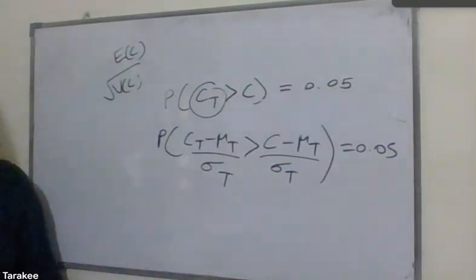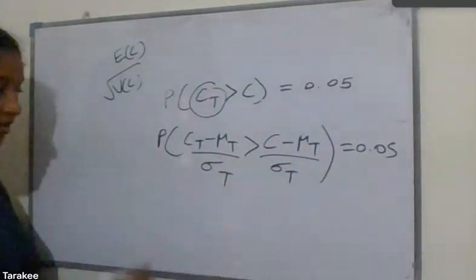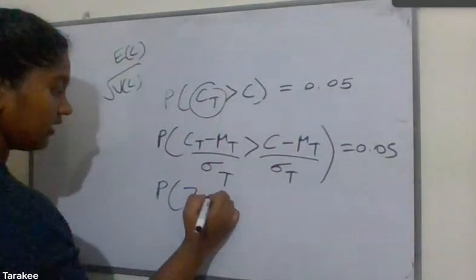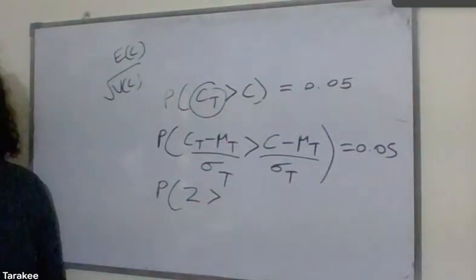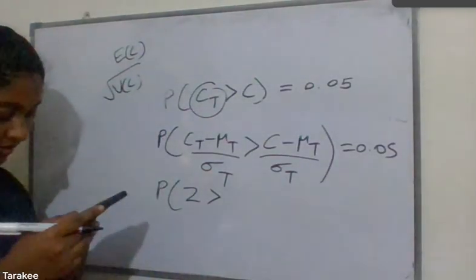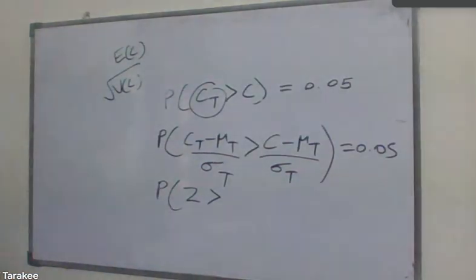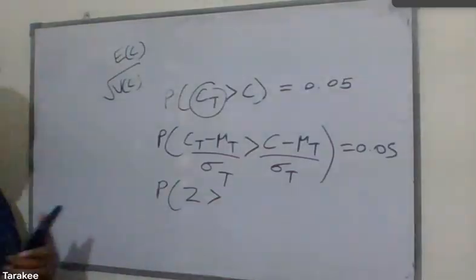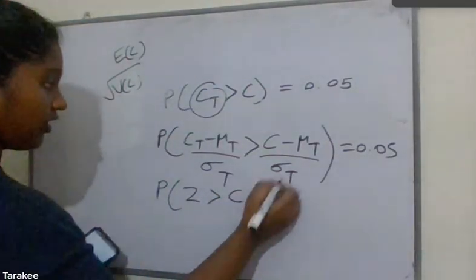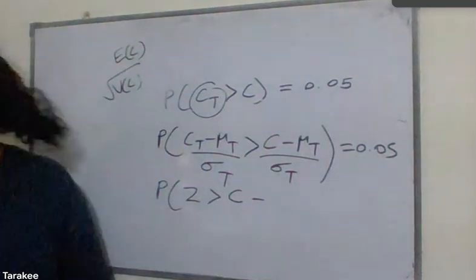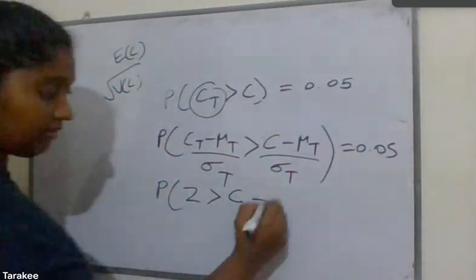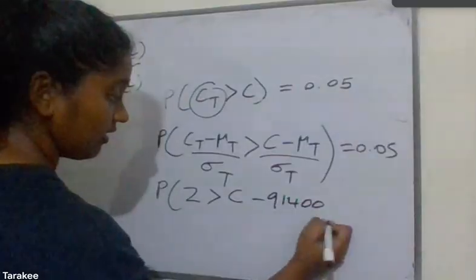Now here, Z greater than, what we have to find is the C value. We know mu T, which is 91,400.